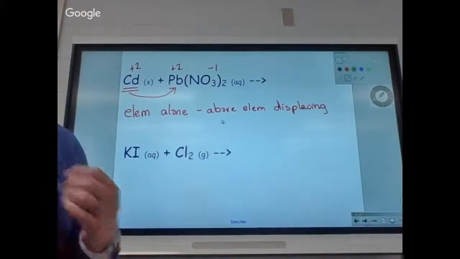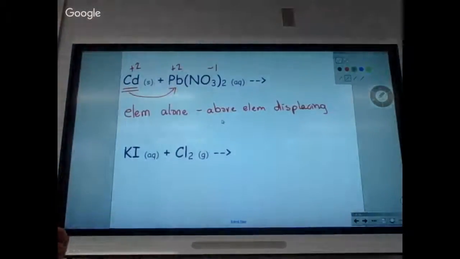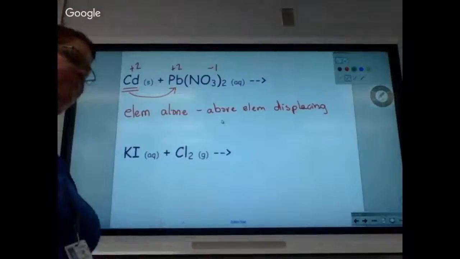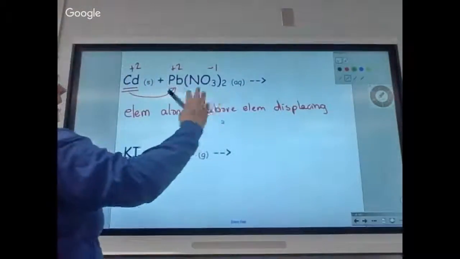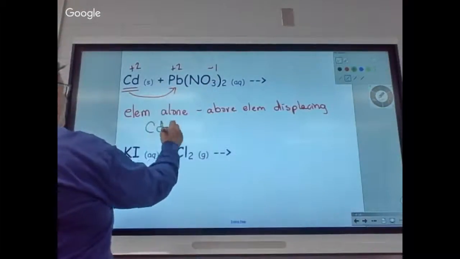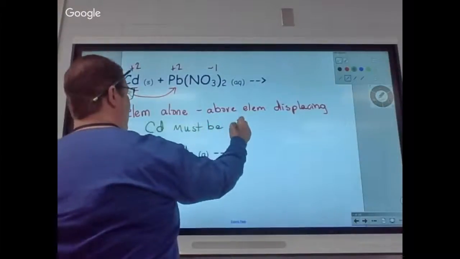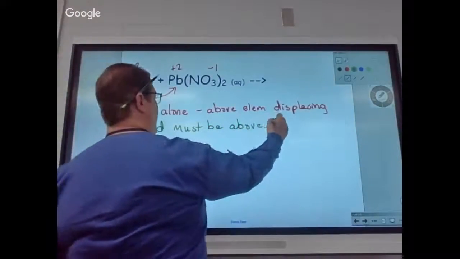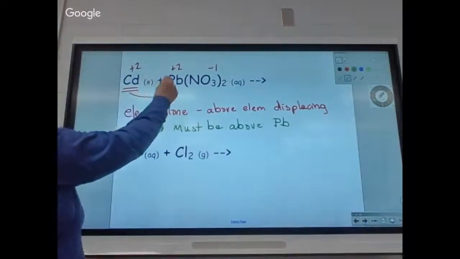So who is alone? When you look at the equation, who is alone? Nothing else is with it. Okay, so CD must be above PB. So is CD above PB?